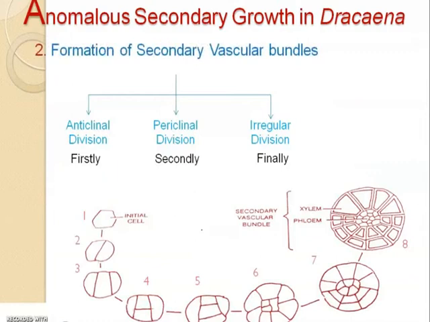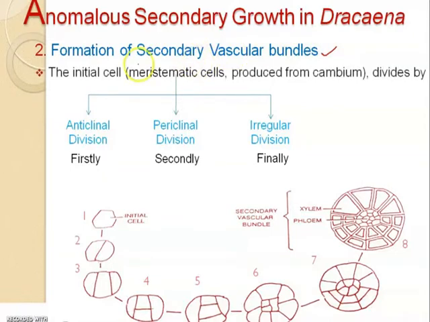Now the second step of the anomalous secondary growth in Dracaena stem is the formation of secondary vascular bundles. The initial cell, which is a meristematic cell produced from the cambium, divides firstly by tangential division.